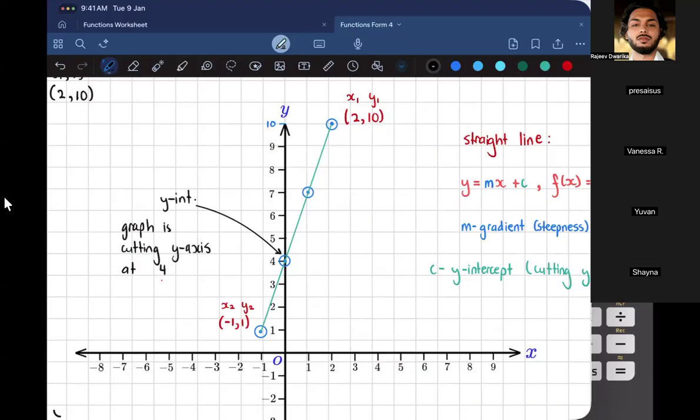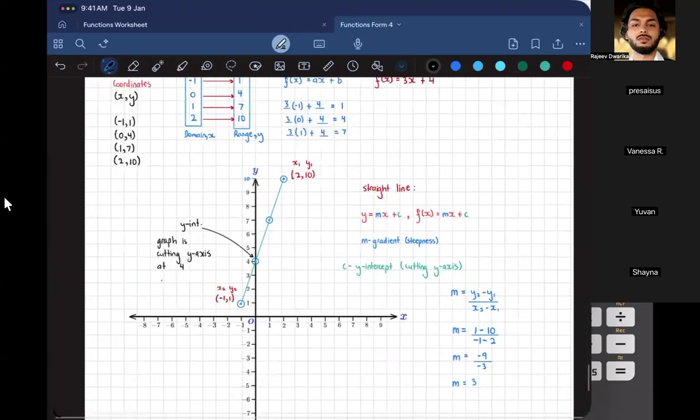So c will be equal to what then? If I say c is the y-intercept, that's where it cuts the y-axis, and we see the line cuts the y-axis at 4, what do you think I'm going to write for c? 4. Yeah, I'm going to put c as 4.